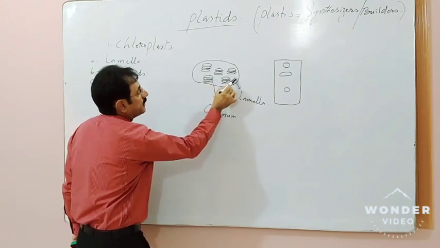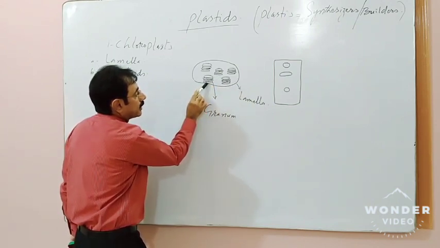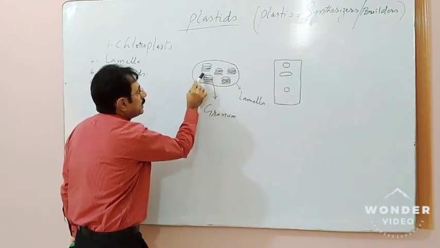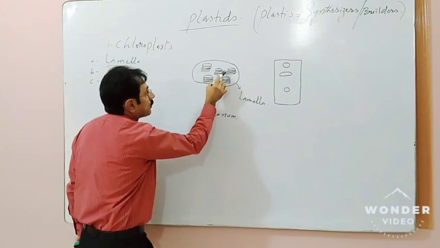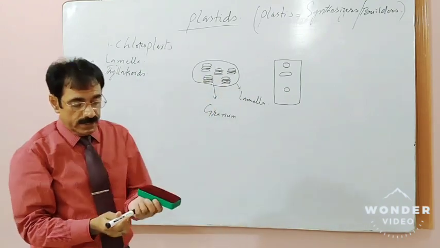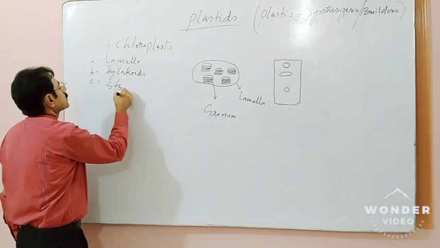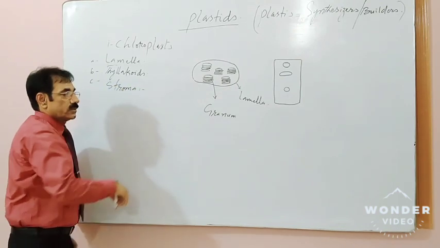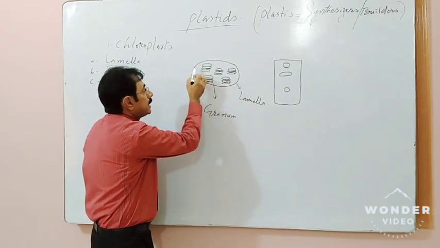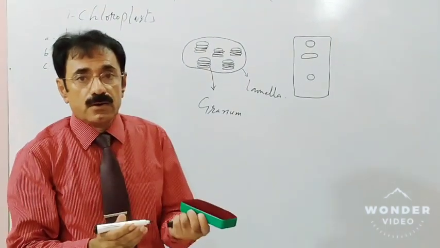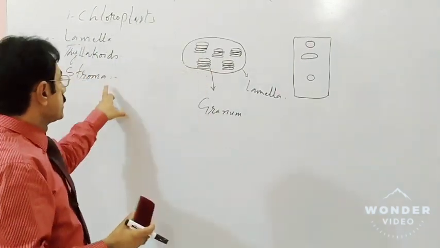Each one is the thylakoid. A group or cluster is called granum, and the spaces within or outside the thylakoids are filled with a fluid, that fluid is called stroma. Stroma is a fluid that lies outside the thylakoids.